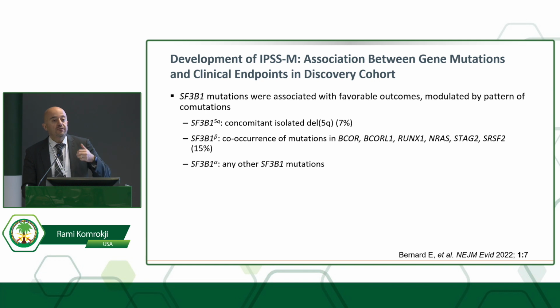Patients that have SF3B1 with deletion 5q, although separately both are associated with favorable outcome, together that group doesn't have favorable outcome and probably has less response to traditional therapies like lenalidomide or luspatercept. The co-occurrence of SF3B1 with certain mutations, namely RUNX1, is also associated with worse outcome.